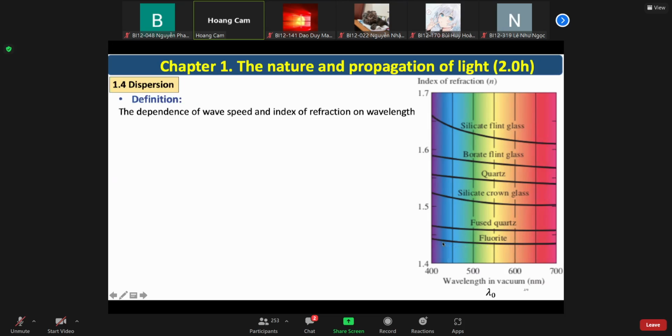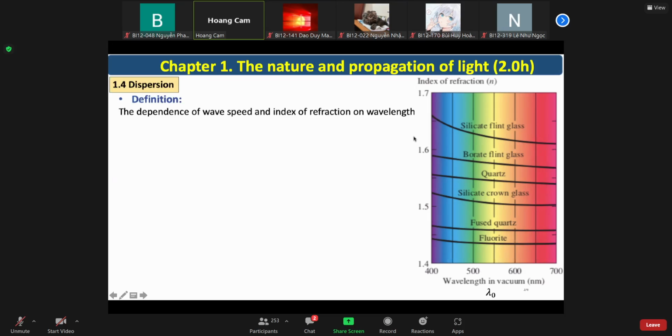But if we come to another one, like the silicate crown glass, for example, we see here at 400 the value is 1.52 something, maybe 1.55. However, if we move to 700, it is just close to 1.5. And the slope here is steeper compared with the fluoride.